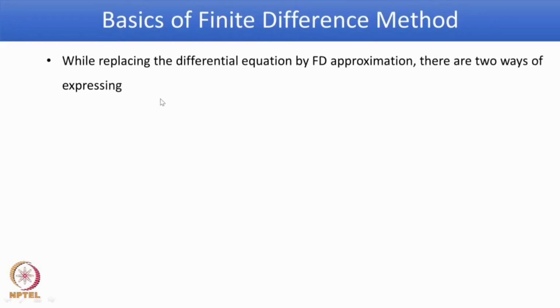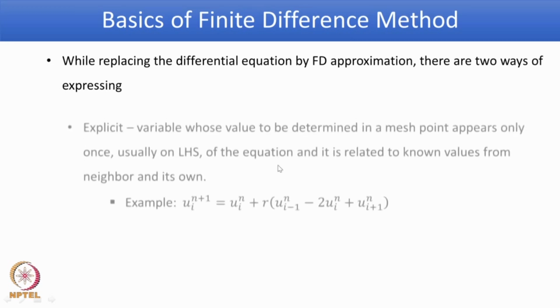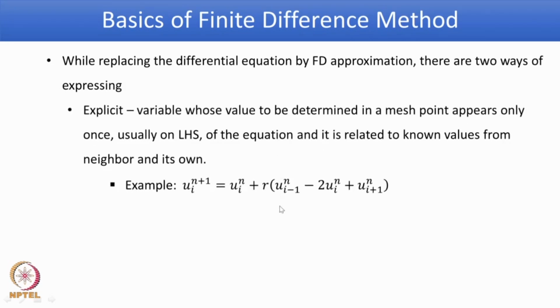While replacing the differential equation by a finite difference approximation, there are two ways of expressing it. The first one is an explicit way of expressing. In this case, there is a variable of interest. For example, if you are solving the u momentum equation, u is the variable of interest, and if you are solving the energy equation, temperature may be the variable of interest.